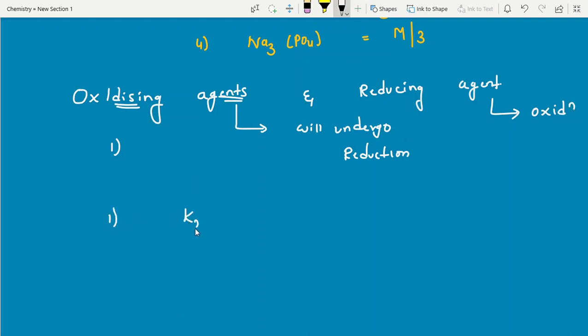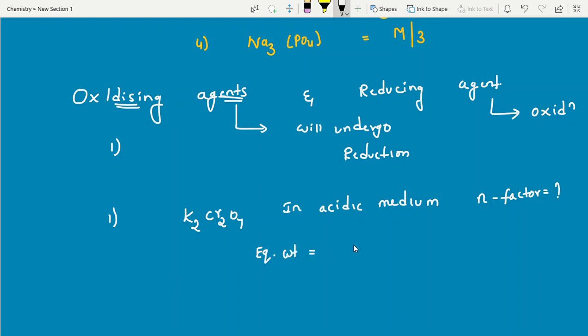Potassium dichromate, K2Cr2O7 in acidic medium. They will ask questions directly like this: in K2Cr2O7 in acidic medium, what is the n factor? So how to calculate equivalent weight? I am writing here, listen.